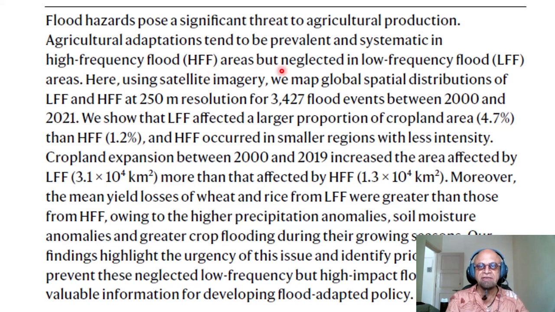Agricultural adaptation tends to be prevalent and systematic in high frequency flood areas, HFF, but neglected in low frequency flood areas, because if you have high frequency floods, it might come anytime, so you take precautions and make systematic adaptation measures, response measures.